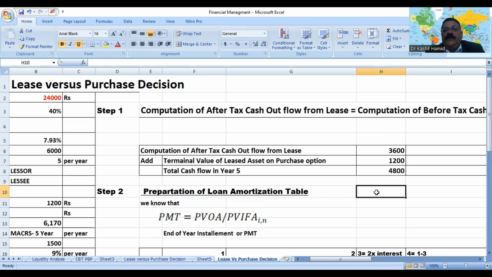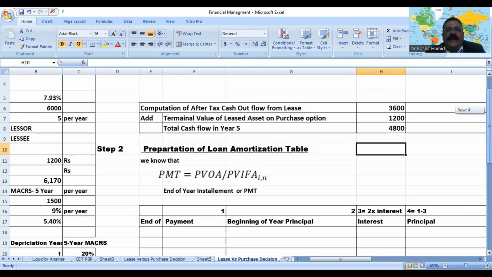Each year we will pay 3,600 installments, and terminal cash flow is 1,200, and the overall sum is 4,800. So let us mark it.